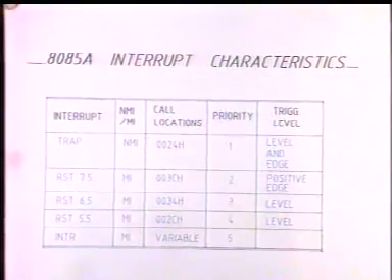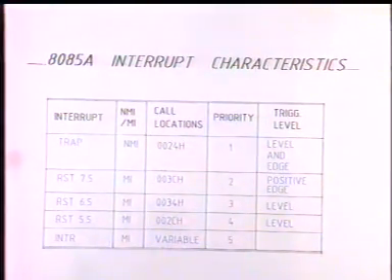The question is why the manufacturer has provided three such interrupts, RST 7.5, 6.5 and 5.5, besides INTR, which is also an external interrupt. I told you that they have certain priorities. INTR has the lowest priority, and the first one is TRAP, which has the highest priority. Then comes 7.5, the second level of priority, third is 6.5, and the fourth is 5.5.